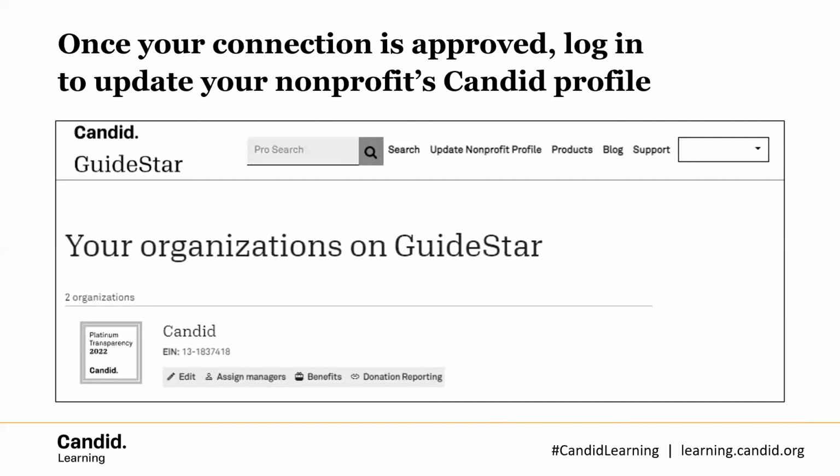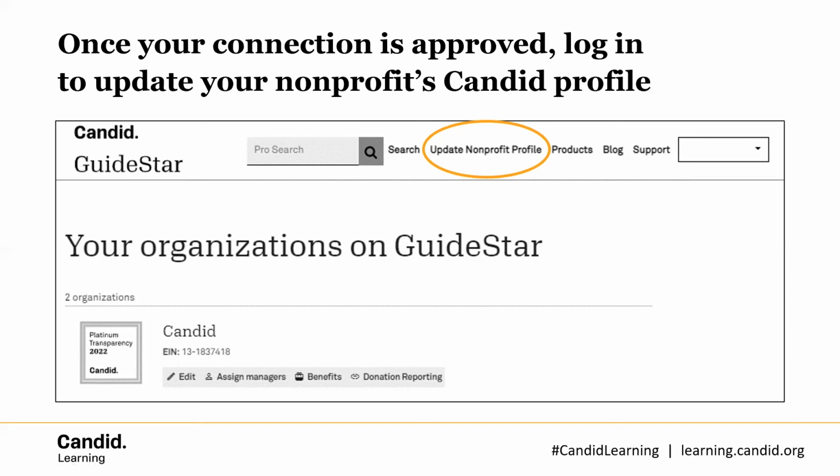Okay, so once you do get approved, you will be able to start modifying your profile. Yay. So you get your approval, you log into your GuideStar account. You'll click on Update Nonprofit Profile again, and instead you'll be taken to a page that looks just like the image provided. It's going to show you your organization that you're connected to, essentially.